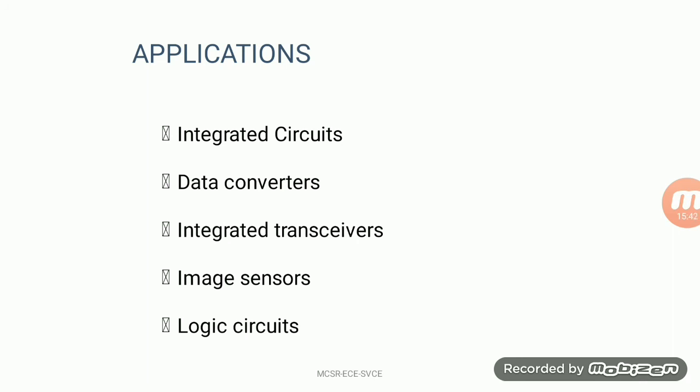Integrated circuits, that is ICs: we can implement ICs in the form of microprocessors, ALUs, adders, subtractors. All of those belong to integrated circuits. Also data converters, analog to digital and digital to analog converters, transceiver communication systems, transmitter and receiver sections, image sensors, and logic circuits. These are the different applications.